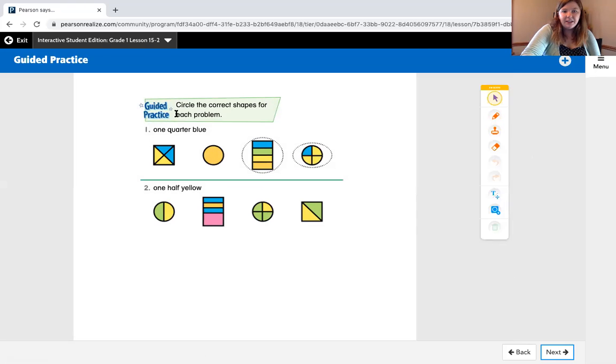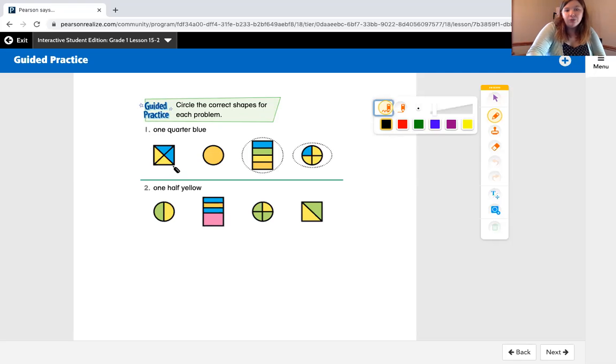All right, circle the correct shapes for each problem. So for number 1, we are looking for shapes that are 1/4 blue. So 1/4 is 1 out of 4. So when I look at each shape, I'm looking for a blue section that is only 1 out of 4 is colored.